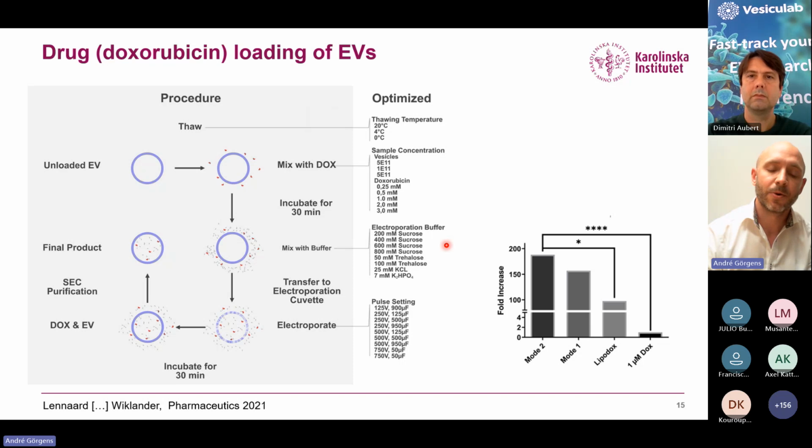And in this publication, we had already tested it on melanoma cells and saw that when doxorubicin is encapsulated into EVs, it becomes much more potent than giving naked doxorubicin. Giving the same dose, EVs encapsulating doxorubicin were about 200-fold more potent in killing malignant melanoma tumor cells as compared to naked doxorubicin.